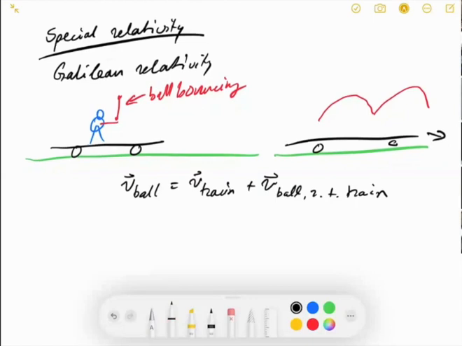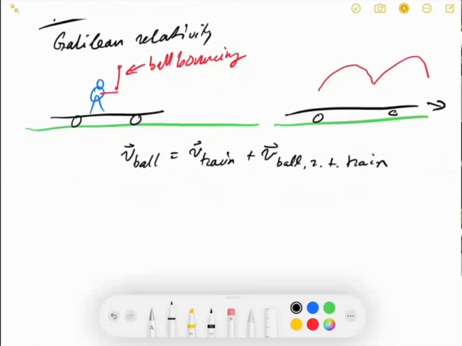Furthermore, if I take this ball and I throw it with some speed v, then that's the speed of the ball with respect to the train, and now I have some observer standing here, say, looking at what that ball is doing.